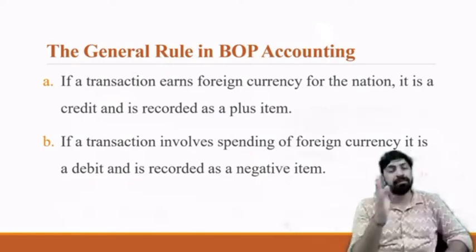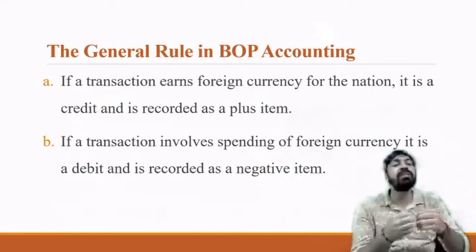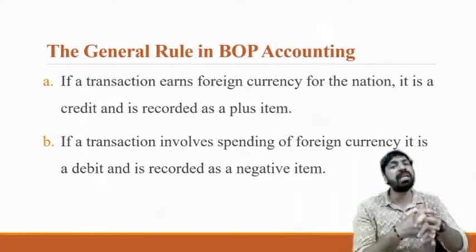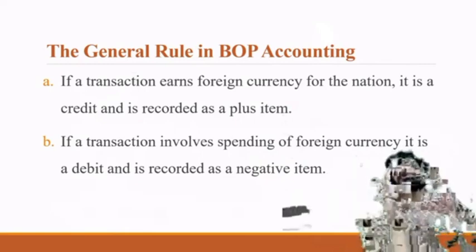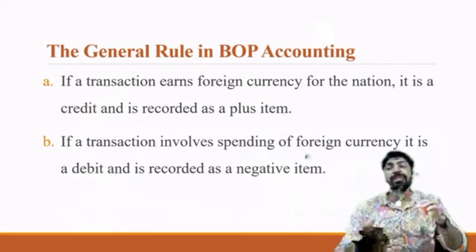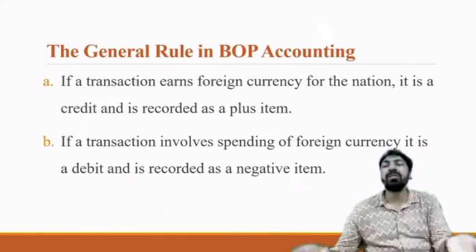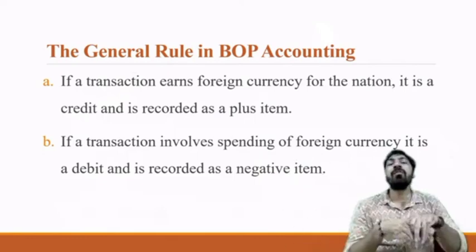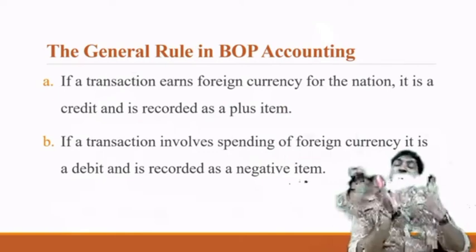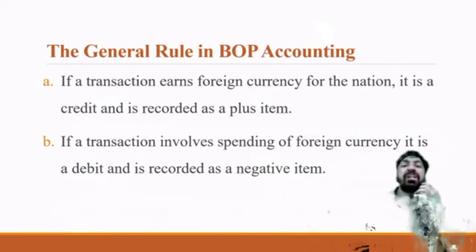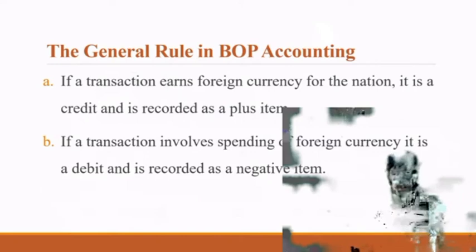So whatever transactions have been done or whatever earning has been received in foreign currencies for the nation, for example for India, any transactions where we are earning foreign currencies, that means it always shows on the credit side and is recorded as a plus item.